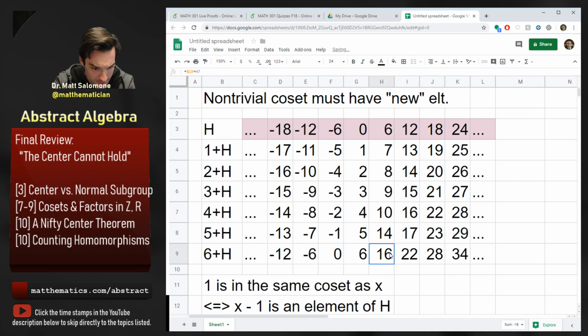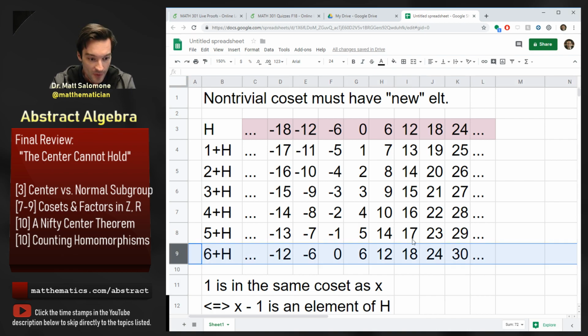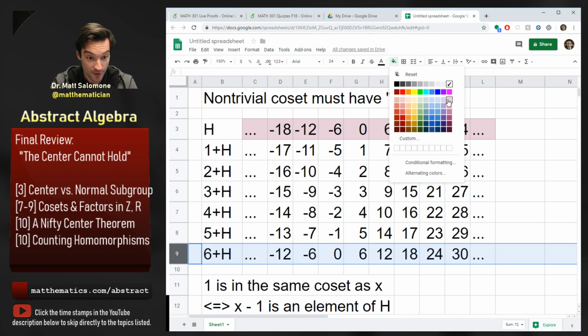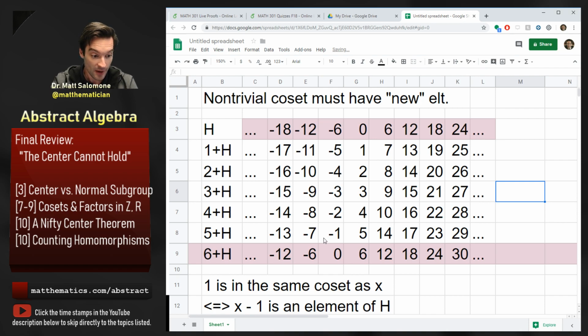But whatever. Okay. So I keep doing this process, and every time I do, I get another coset of the original subgroup H. But what do you notice? Once we get to 6 plus H, we actually end up getting the very same elements that we started with on this row: negative 12, negative 6, 0. These are all just the multiples of 6.